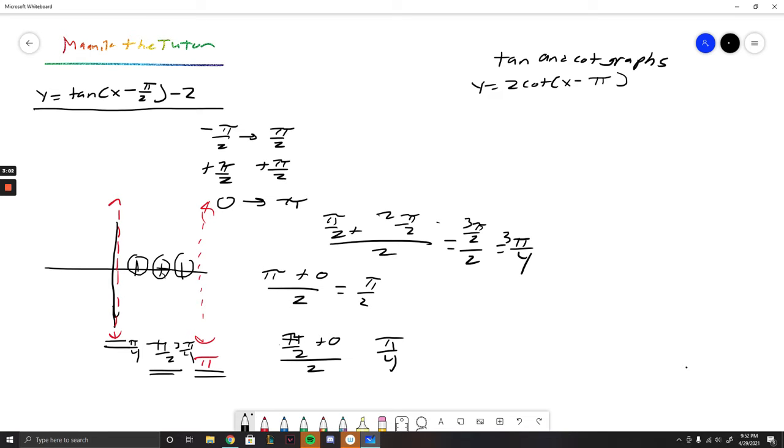So let me just erase these circles real quick and redraw these points so we can get a little more clear.